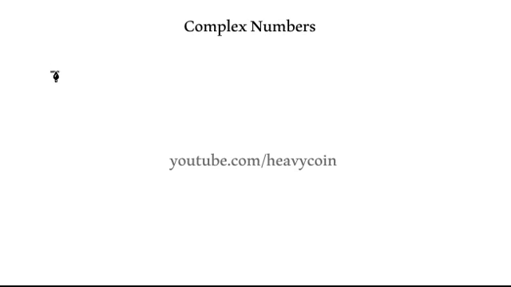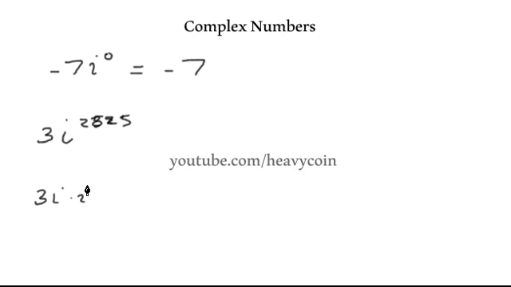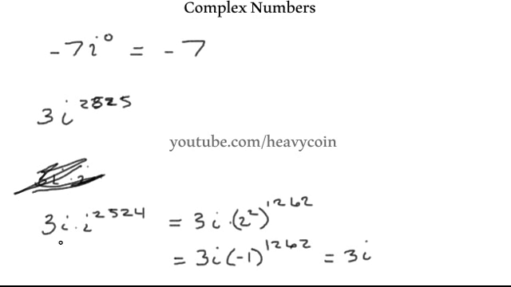If I had negative 7 i to the 0, well, i to the 0 is just 1, so you're just left with negative 7. Here's a good one here, 3i to the 25. So this becomes 3i times i to the 24. I broke this up, i times i to the 24, right?